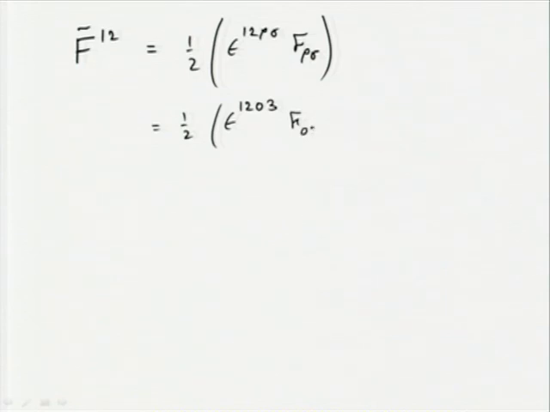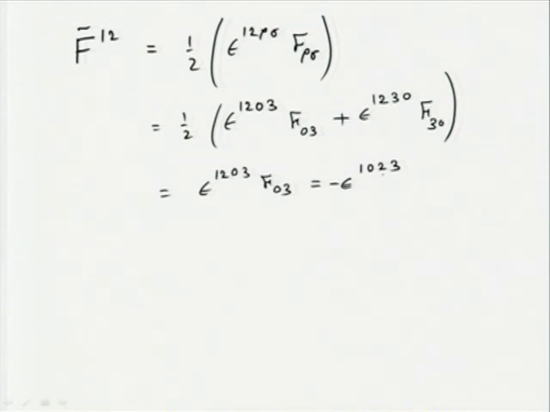So, f_03 plus epsilon_1230 rho equal to 3, the other possible value f_30, and that gives us epsilon_1203 f_03. And epsilon_1203 is minus epsilon_1023, where I have interchanged 2 and 0, the second and third indices, which again, to get into a form epsilon_0123, I have to interchange 1 and 0, the first two indices.